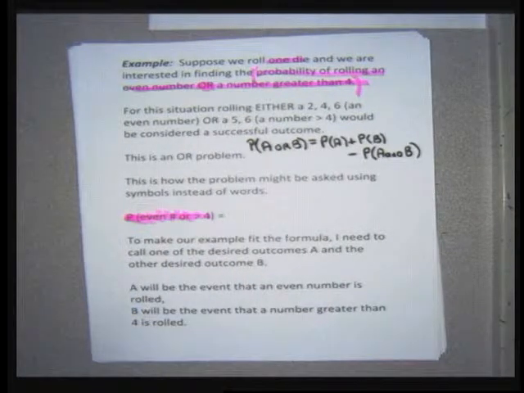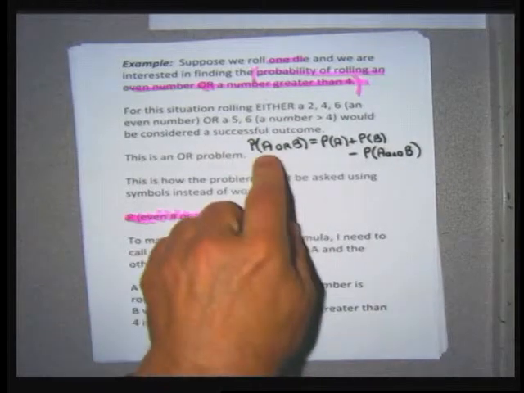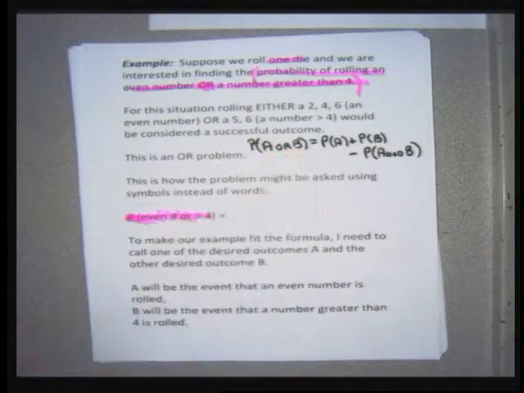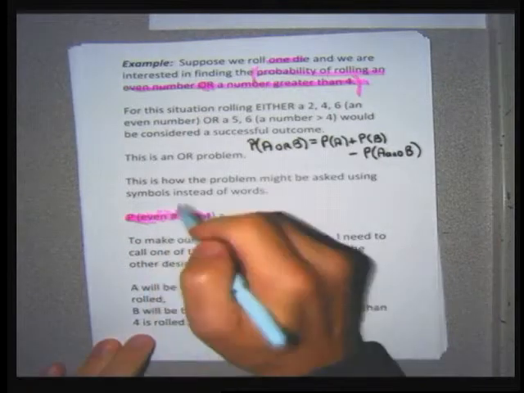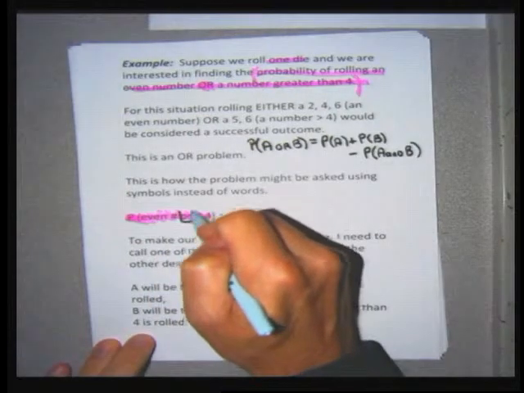So to make our example fit the formula, well, the formula has a probability of A or B. So I see the or part, but I don't see the A or the B part.